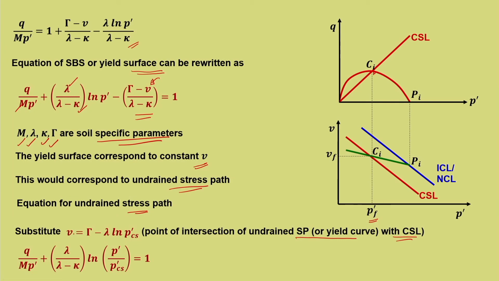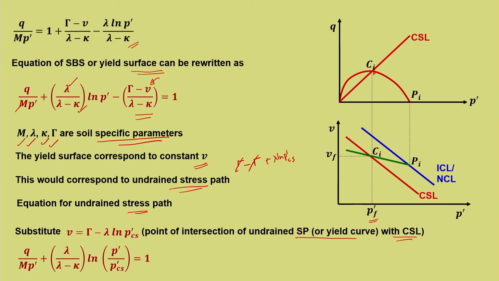Now, if you substitute for V here, we have gamma minus gamma, here it will be plus lambda ln p dash cs. Now, gamma goes away, it is plus ln p dash cs.